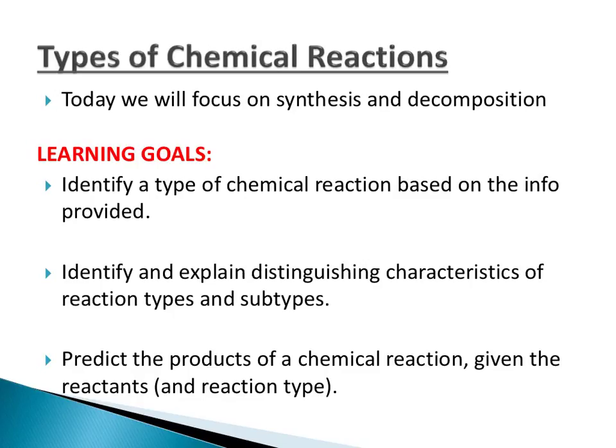We want to see how we can identify the type of reaction based on the information that's given. We want to be able to explain all of the different types of reactions in terms of some of the characteristics that define them. And finally, we want to use what we've learned about the characteristics and the features of some of the different subtypes to be able to predict the products.